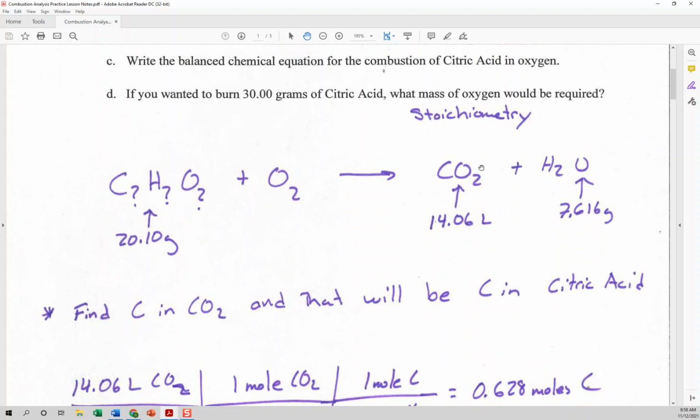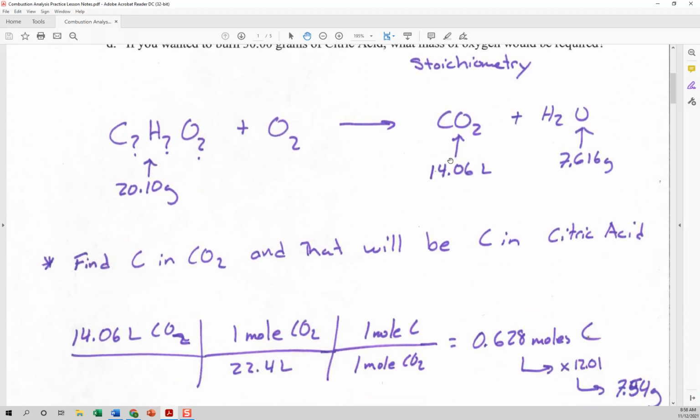So let's go here. This is kind of the way to visualize what's going on, right? So we got our citric acid, we don't know its subscripts, plus O2, burns in oxygen, O2, yields CO2 and H2O. We're told how much CO2 we got, we are told how much H2O we got, and we're told how much of this completely reacted.